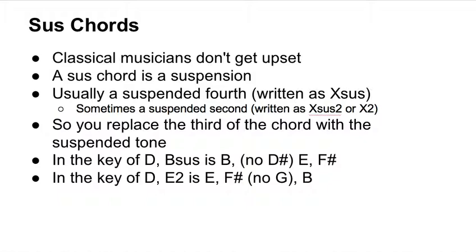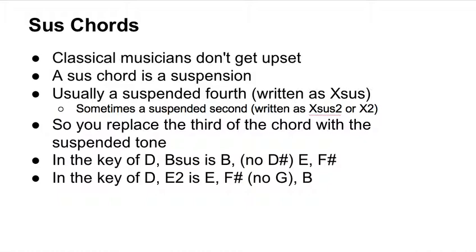And it's usually a suspended fourth, so that would be written as like a D sus, for example. Sometimes it's a suspended second, and so that would be written as like D sus2 or just D2. In both of those examples, you replace the third of the chord with whichever one is suspended.